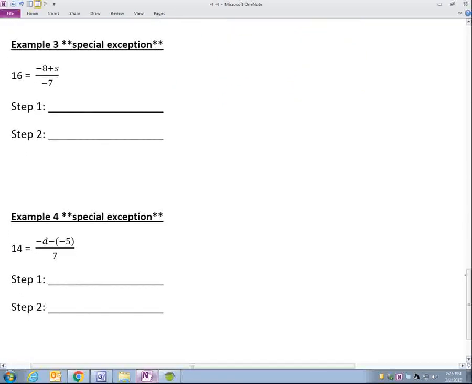So here's the special exception. The reason that this is a special exception when you're dealing with addition is, if we were doing SADMEP, we would see this addition right here. However, this could be rewritten.